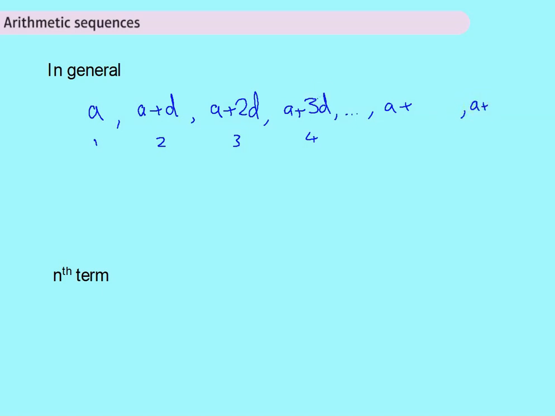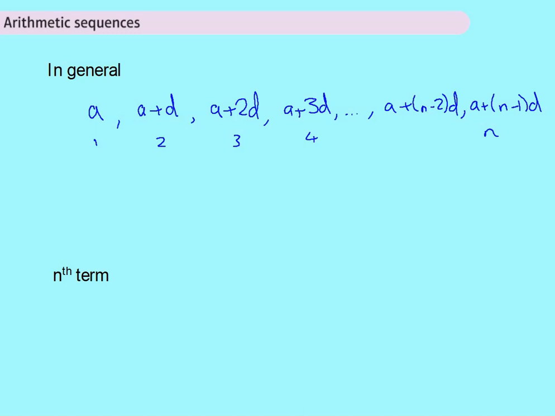And the amount of differences is always one less than the term. So if this is the last one, let's call it N, we're going to do one less, and in here it'd be another one less difference. And that is the general form of an arithmetic sequence.